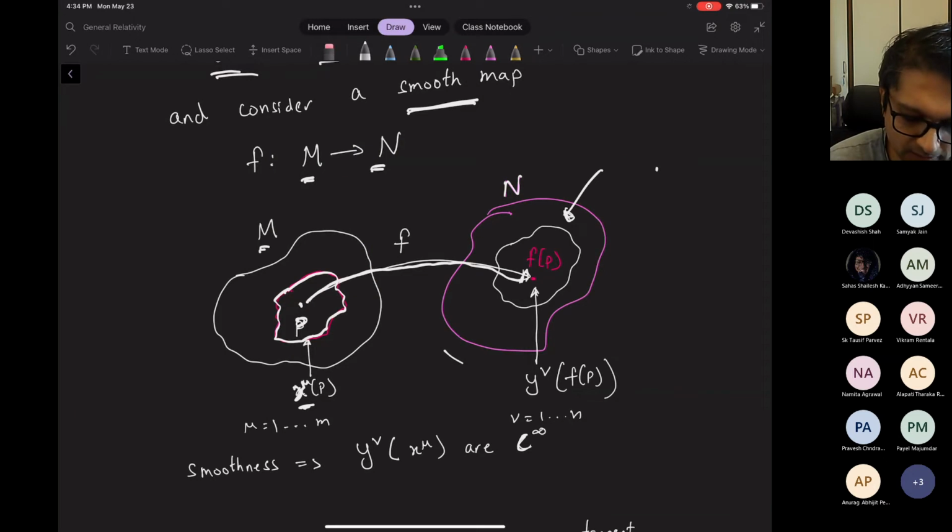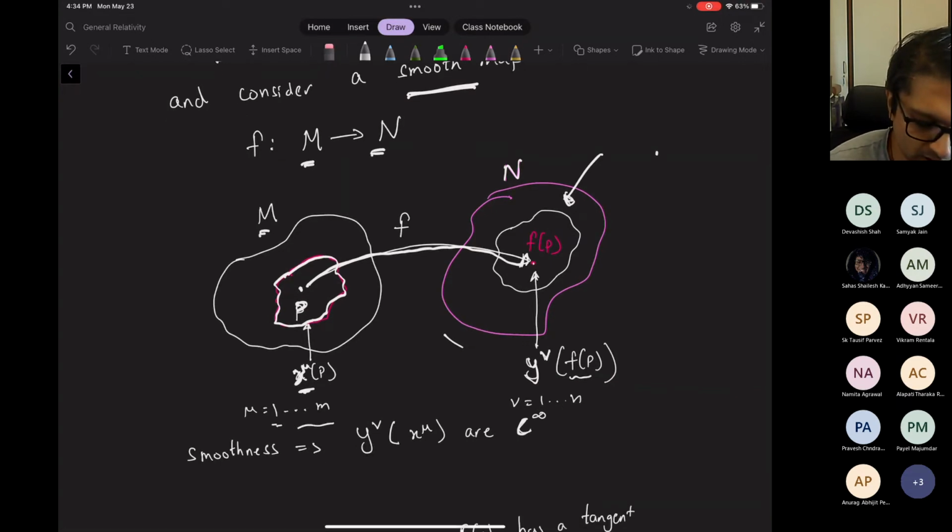Now we'll assume that we're working in some particular open subset in N. In this open subset, the point f(P) has coordinates which are denoted as y^ν(f(P)). This μ index runs from 1 through m because capital M is an m-dimensional manifold, so it must have m coordinates needed to represent each point. Similarly, capital N is n-dimensional, so y^ν runs from 1 through n, because n indices are needed to represent a particular point.